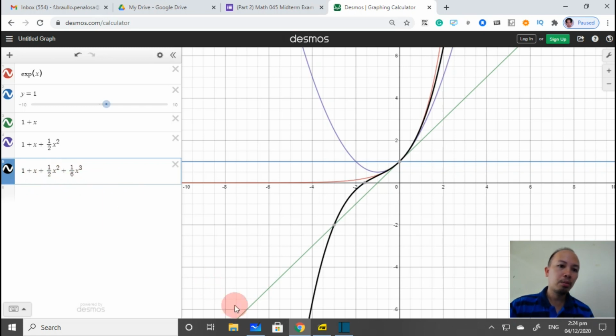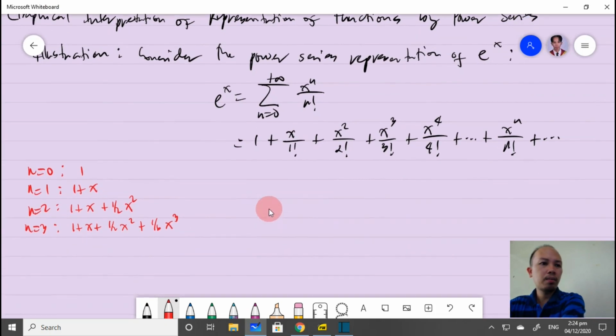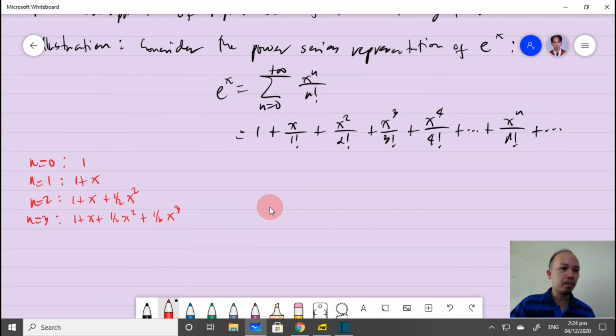Meaning, if we increase the value of n, say n is equal to 4, we have 1 plus x plus 1 half x squared plus 1 over 6 x cubed plus 4 factorial, which is 24, so 1 over 24 x to the 4, and so on and so forth.